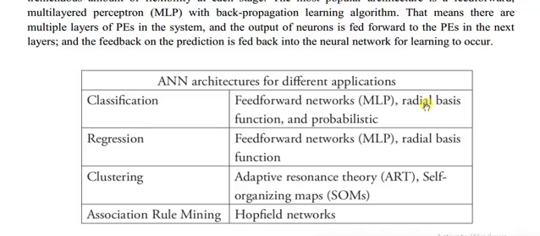The artificial neural network architectures include adaptive resonance theory. Adaptive resonance theory is a type of neural network technique, and the basic adaptive resonance theory uses unsupervised learning. We know that clustering is unsupervised learning, hence ART uses unsupervised learning.